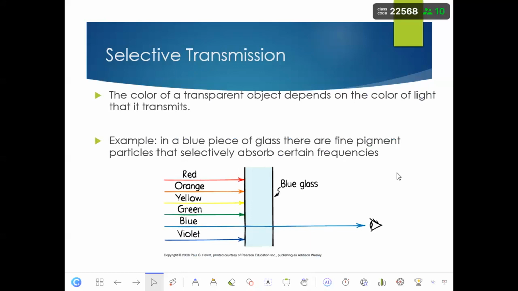So all the colors of the visible spectrum, red, orange, yellow, green, blue, violet, reach the glass and are absorbed by the glass. The only one which passes through is the blue. That's why we see the blue glass. It depends on the opaque material that we use here. Okay.